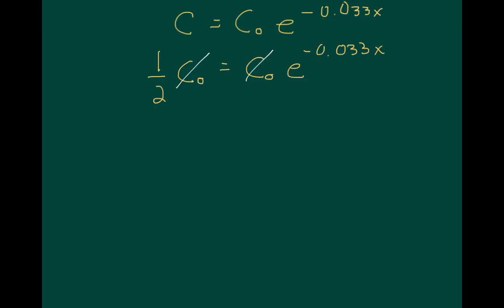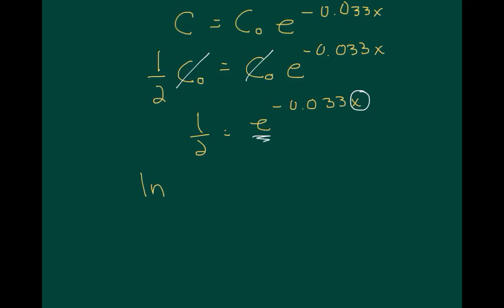So we're left with 1/2 equals e to the negative 0.033x. Okay, once again, that variable is up in the exponent. And as we learned in the last slide, the way to get the variables out of the exponent is to take the log of both sides. Since this problem deals with e, I'm going to take the natural log.